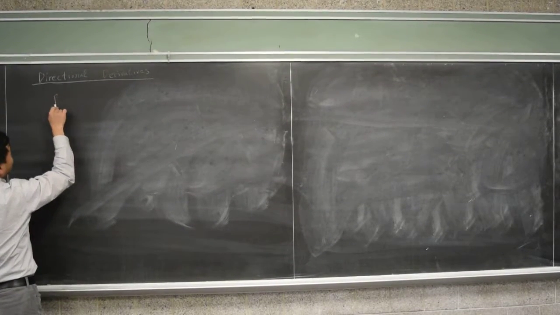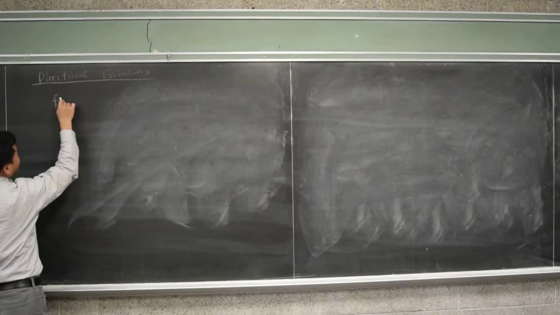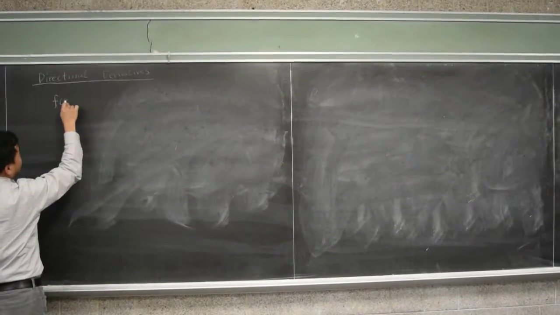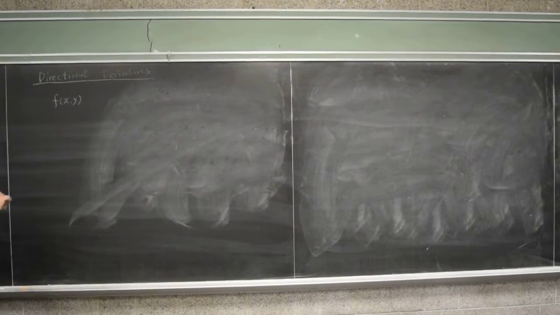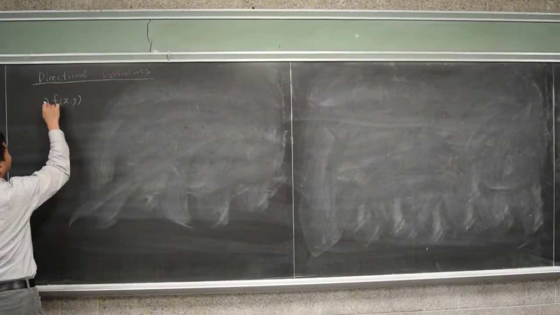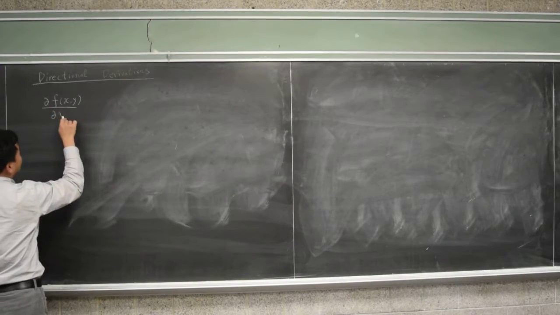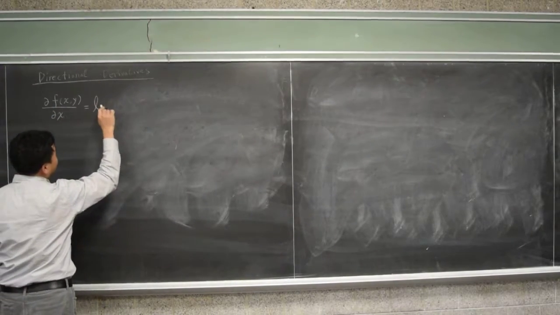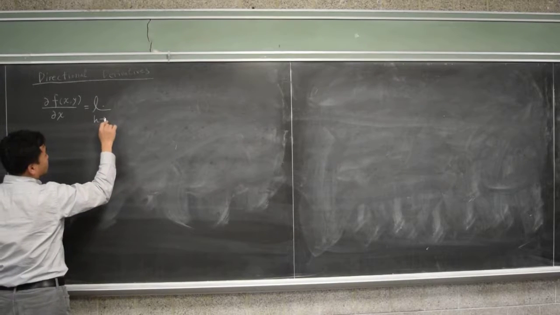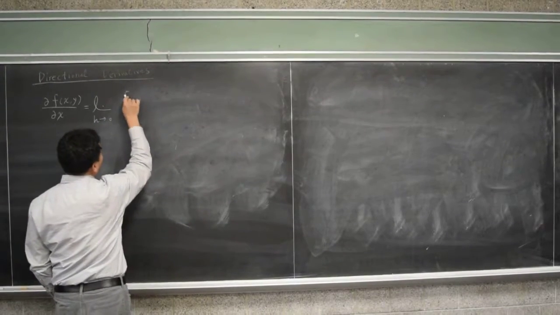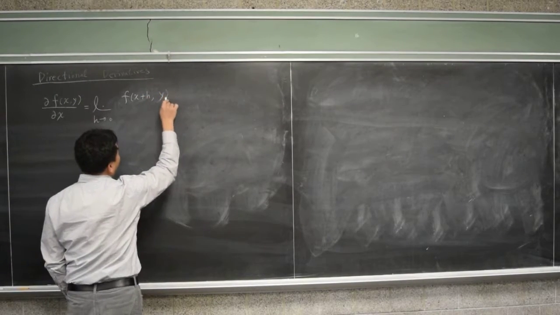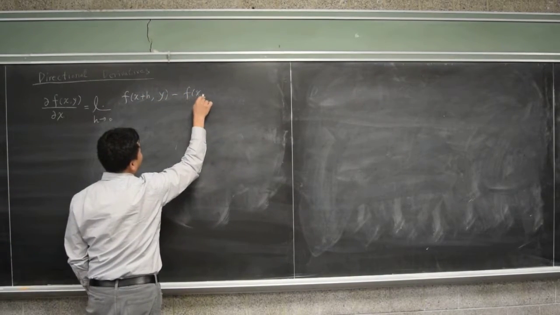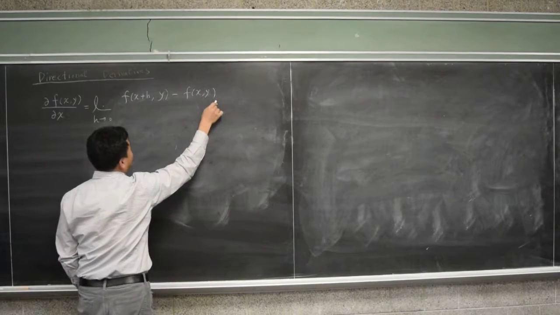If you have a function of two variables x and y, then so far we defined what it means to differentiate in the x direction, which is given by this limit, h going to 0 of f of x plus h, y minus f of x, y, divided by h.